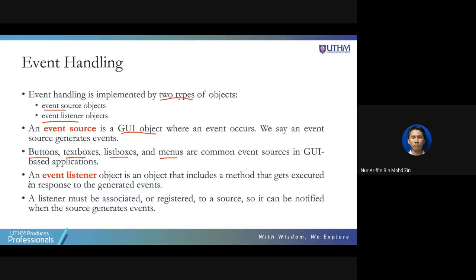And then the second one is the event listener object. So what is an event listener? An event listener object is an object that includes a method that gets executed in response to the generated events. For example, we have an event source, for example a button. This is a submit button.